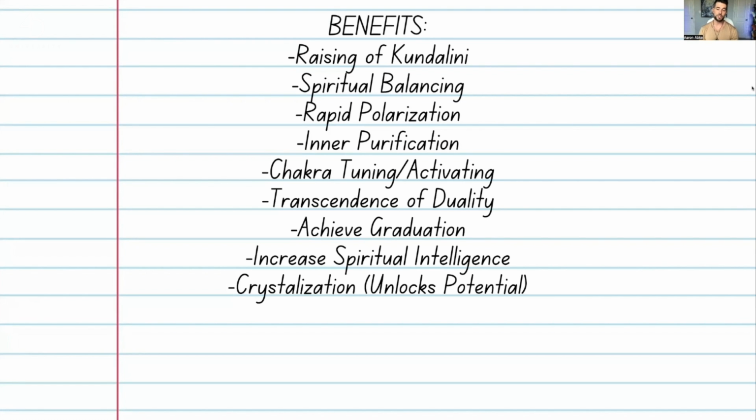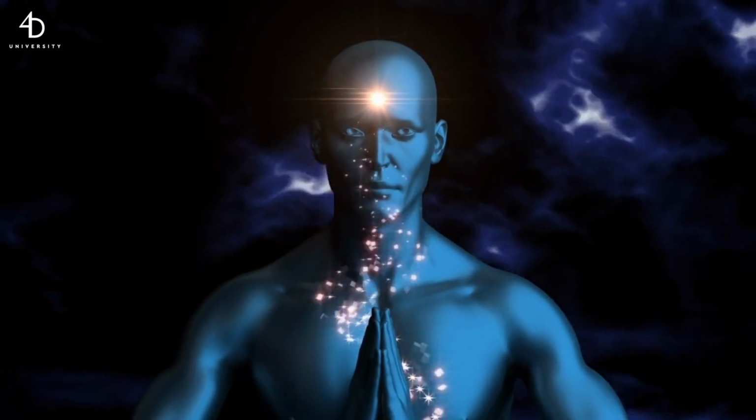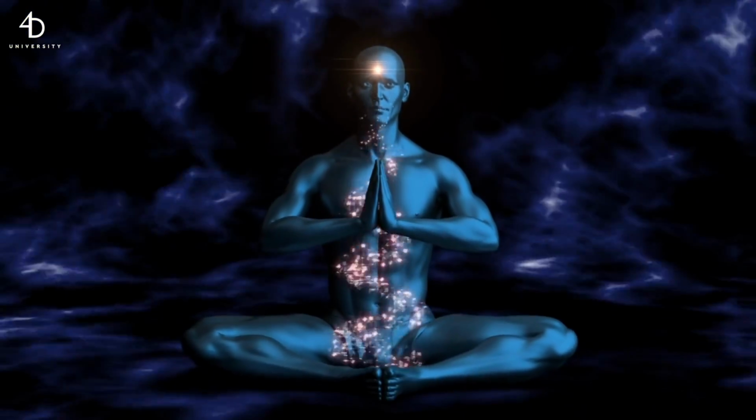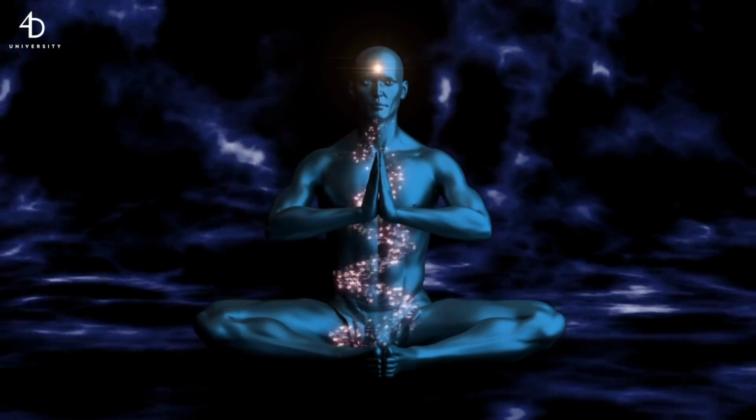And then lastly, crystallization, which really means that unique expression you are, and all of the spiritual potential, and even like physical potential, if we want to put it that way, all of your potential unlocks the more you are crystallized. Because Ra says, a being who has purified their energy centers and has raised Kundalini to the crown and has learned all those third density lessons that are available to be learned here, right?